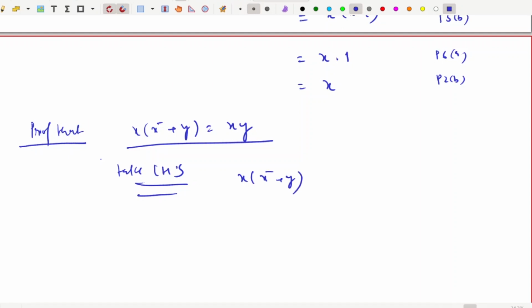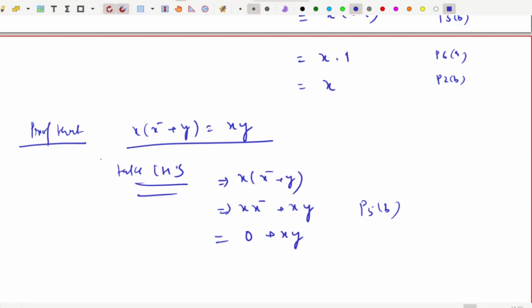By using De Morgan's law, the distributive law of dot over plus, this is written as x into x plus x into y. This is postulate 5b. Then x dot x complement is equal to 0, so this is 0 plus xy.